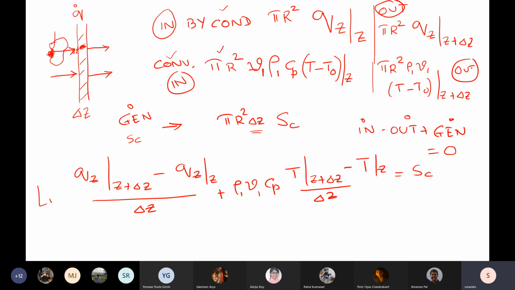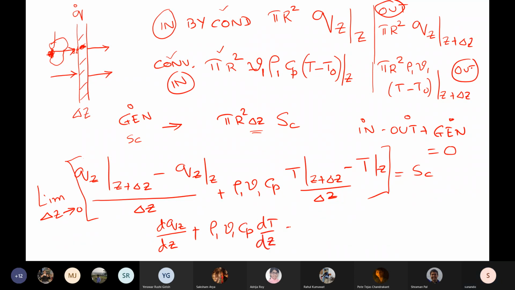Then, as we have done before, we take the limit delta Z tends to 0. And of course, then this becomes dQZ by dZ plus rho1 V1 Cp dT/dZ equals SC. That becomes my governing equation.